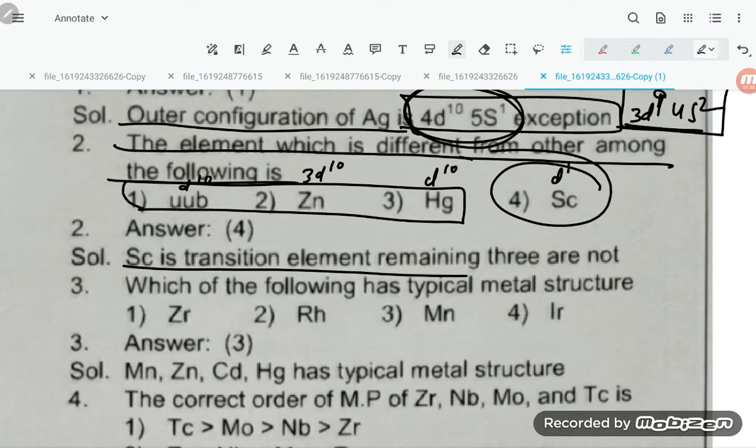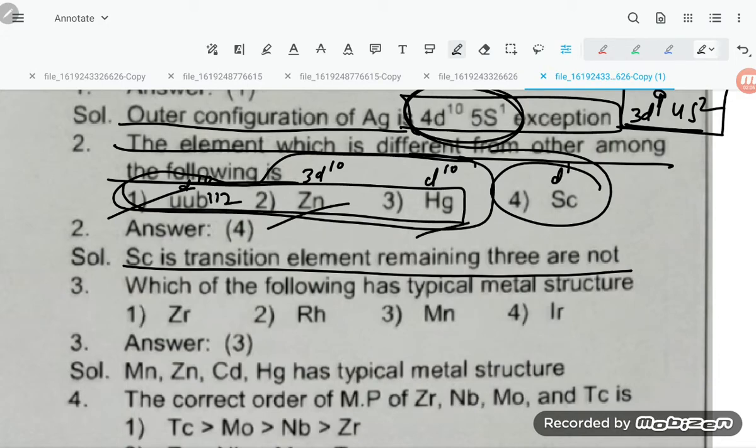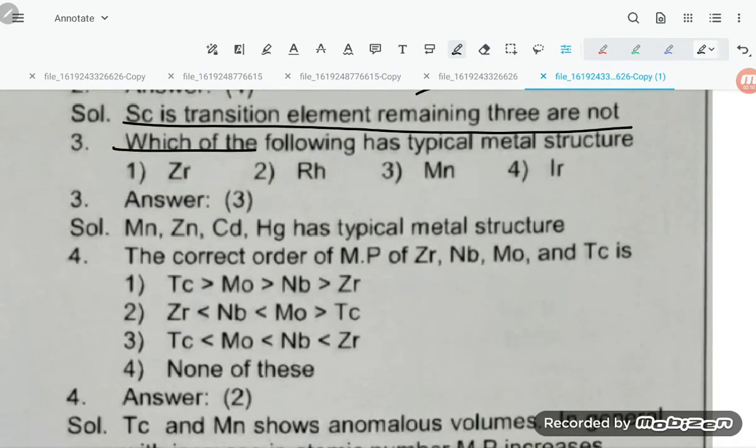So scandium is a transition element, the remaining three are not. Because of the completely filled d orbital in group 12, Zn, Cd and Hg are not considered transition elements.